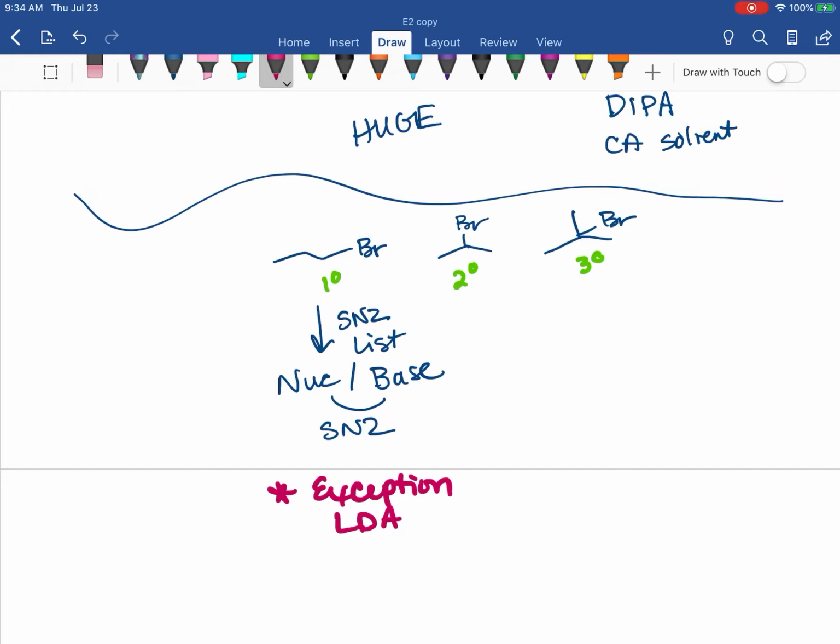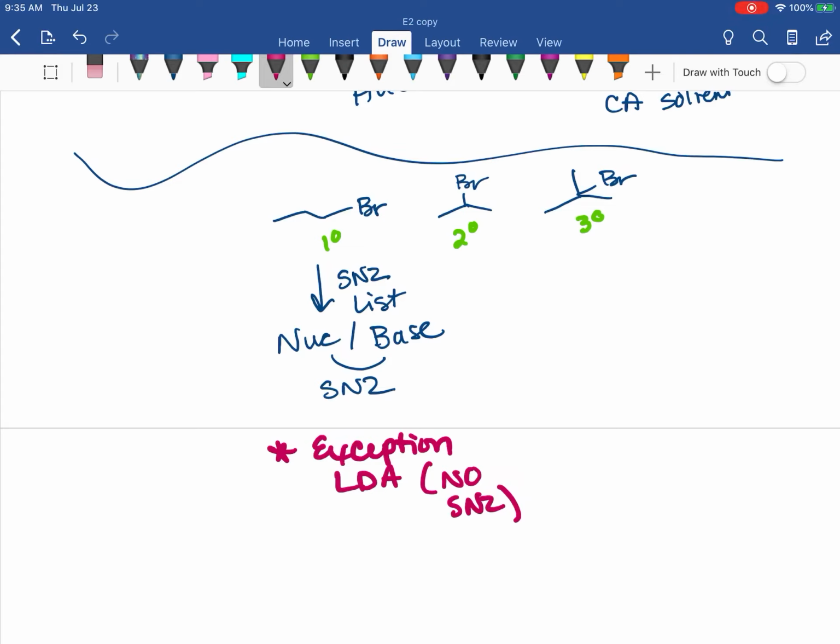Our LDA is too big to be a nucleophile. It is not going to do an SN2. Our size matters. So in fact, all of these are going to give you an SN2 except your LDA.